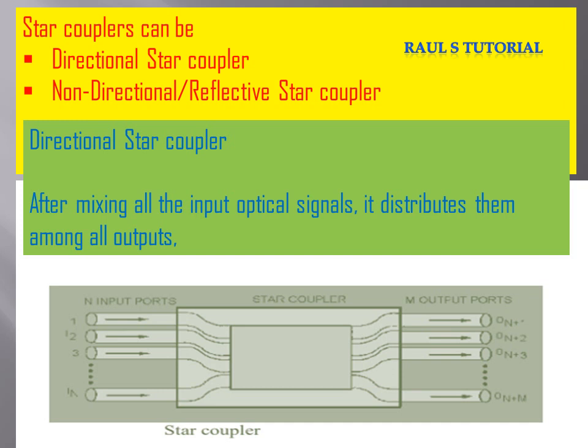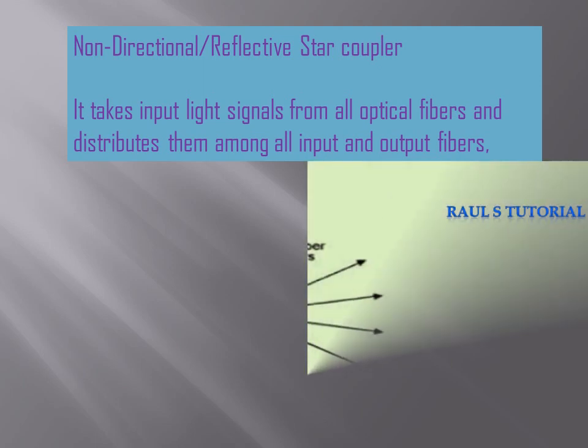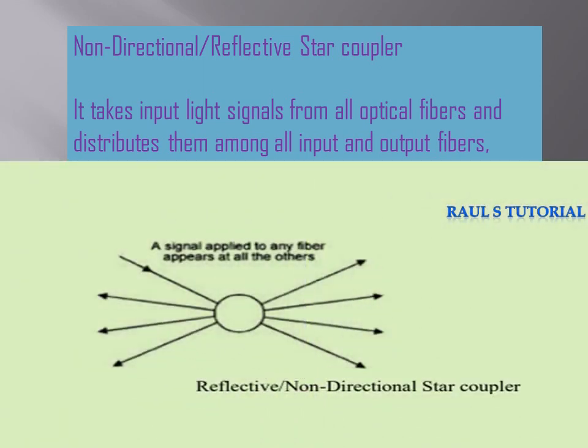In a directional star coupler, after mixing all the input optical signals, it distributes them among all outputs, and in a non-directional or reflective star coupler, it takes input light signals from all optical fibers and distributes them among all input and output fibers.